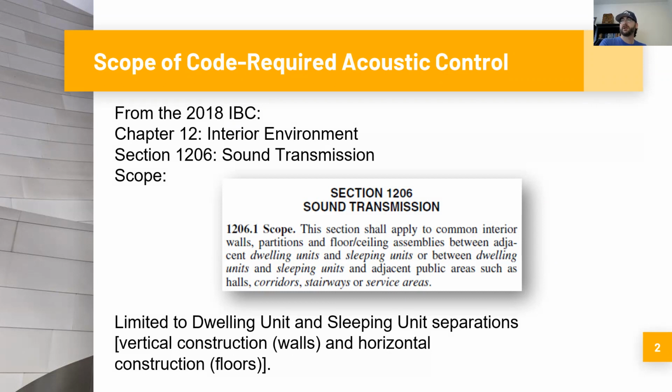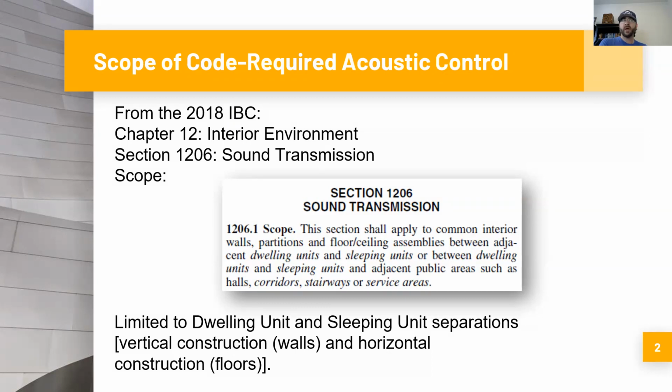Now, one thing you'll notice here is that the terms dwelling unit and sleeping unit are in italics. Whenever you're in the code and you see terms in italics, that means it's a defined term. You can go to chapter 2 of the code to see these defined terms, specifically what they are.